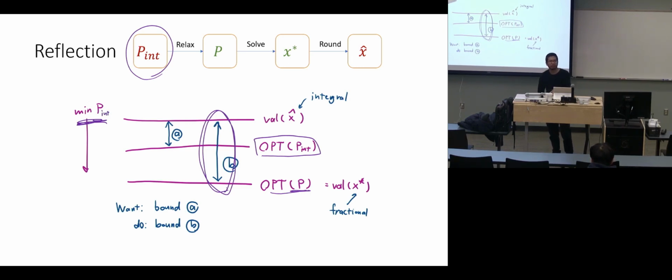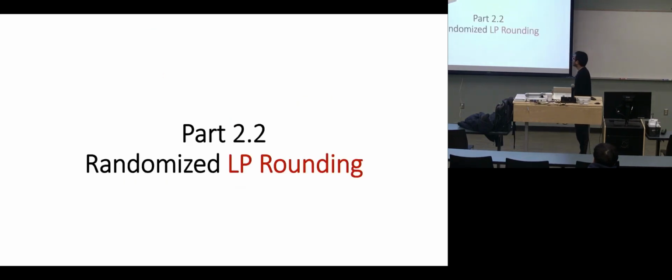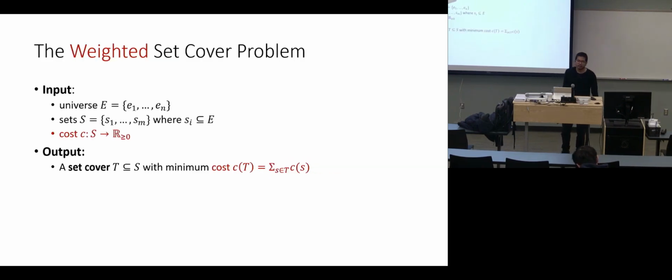Okay, so let's see more examples of how to do LP rounding. And now it's going to be the randomized one. So the problem, just so that you are familiar with, to make it easy for you, let's look at a similar problem that we have seen, set cover, but now it's the weighted one.